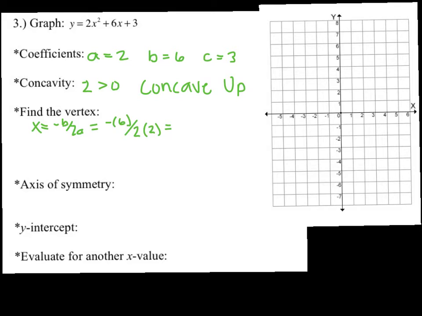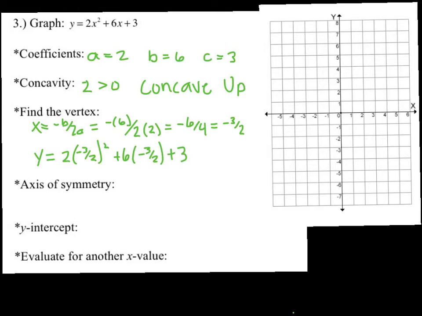So we get negative 6/4, which reduces to negative 3/2. So to get y, we just plug it back in. So y equals 2 times negative 3/2 squared plus 6 times negative 3/2 plus 3.